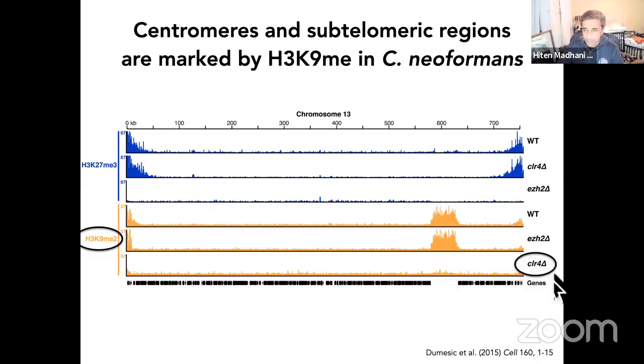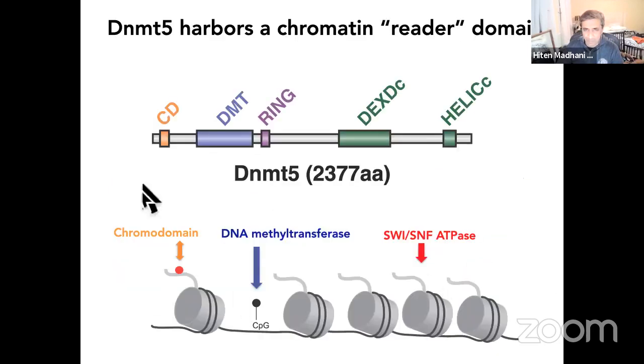And then when you knock out this enzyme that's called Clr4 in pombe, and we gave it the same name in Cryptococcus, you can see that you lose all the H3K9 methylation. And this was a good candidate for something that might recruit DNA methylation, we thought, because if you look at the enzyme DNMT5, it has a catalytic domain, and just upstream of it this chromodomain, which is a common reader of methylated lysines on histone tails.